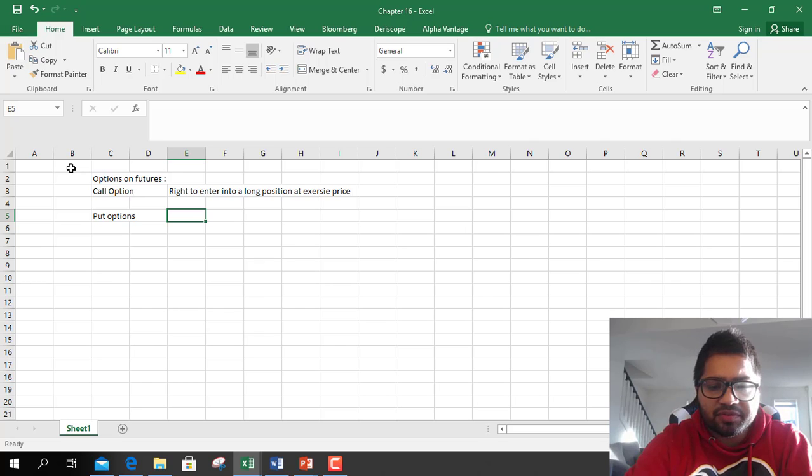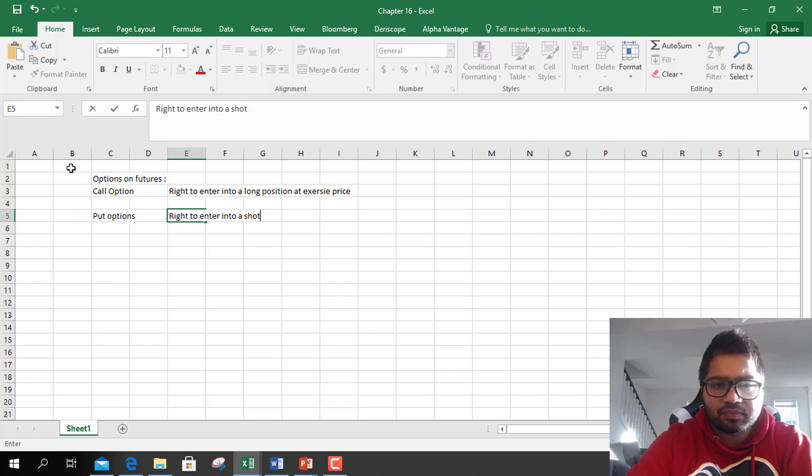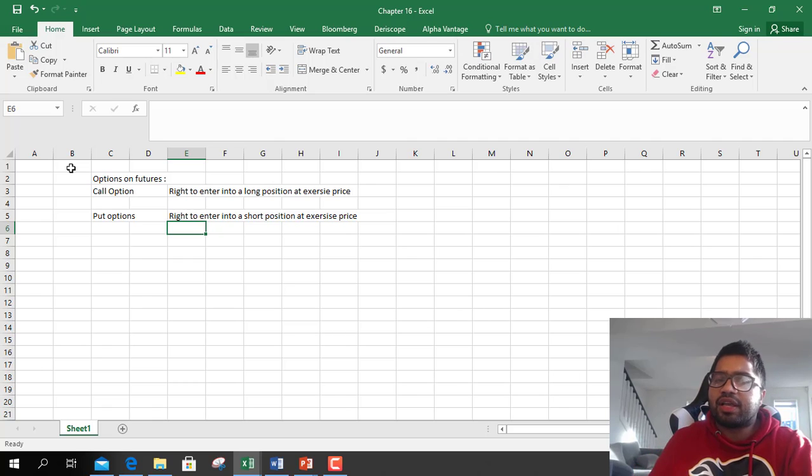And a put option gives you the right to enter into a short position at the exercise price.